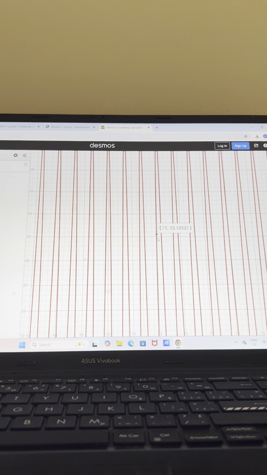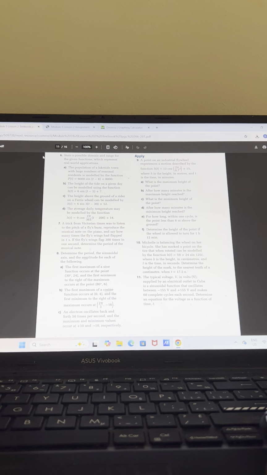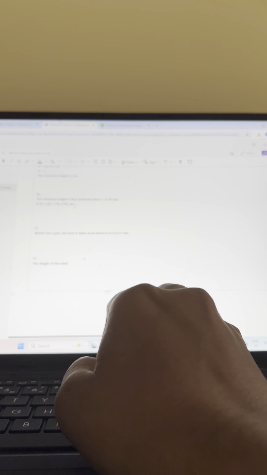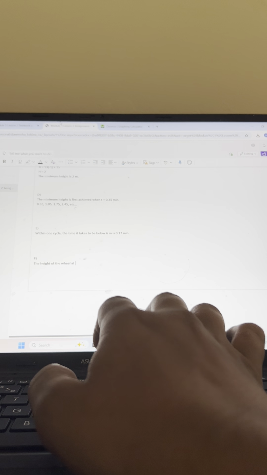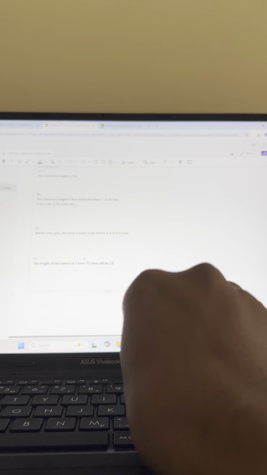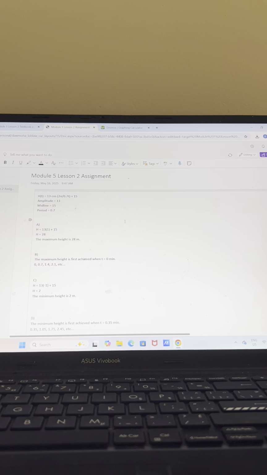It says 23.10537. So our answer is: the height of the wheel at 72 minutes, 1 hour 12 minutes, will be 23.1 meters. That's our final answer for F, and that concludes our lesson.